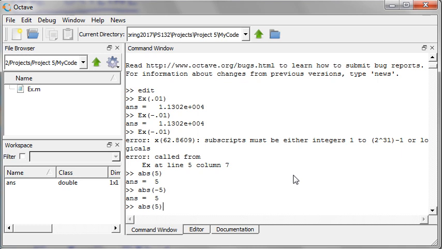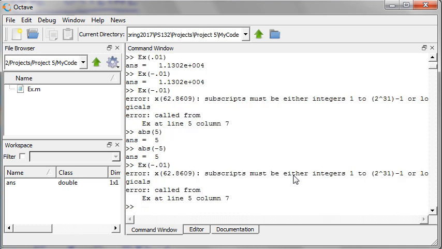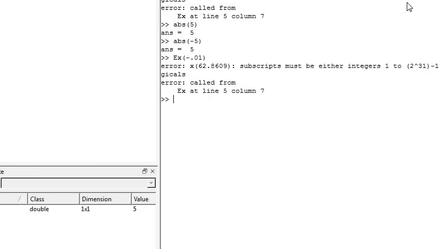So I'm going to run that again, get the error message again, and now maybe I can see it. I'm going to have to maximize this window where you can't see it. Subscripts must be either integers, 1 to that, or logicals.